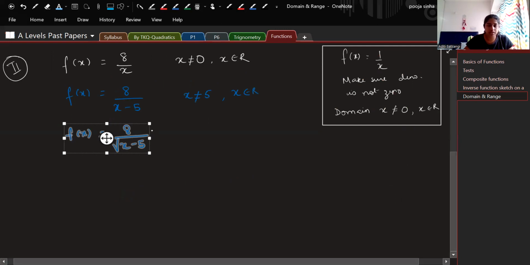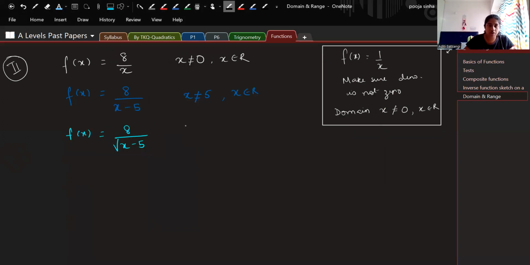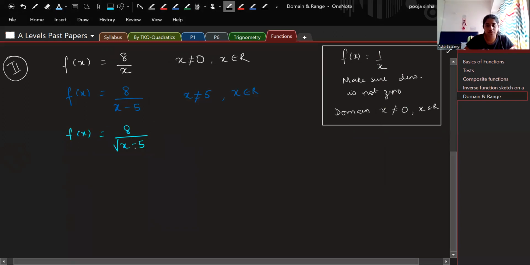It cannot be 5, because there is also an under root here. So x cannot be 5, and there are two conditions for under root of x minus 5, right?